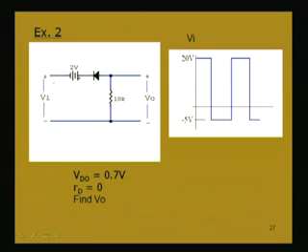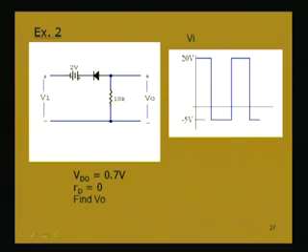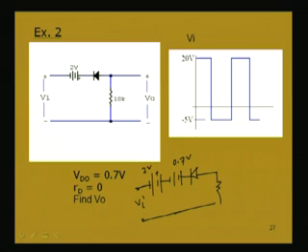If we consider the diode equivalent circuit, this is the ideal diode, and its drop will be in this direction, 0.7 volt. Again this voltage is there, which is plus minus 2 volt, and this is the input voltage, and this is the resistance. I want to find out this voltage.